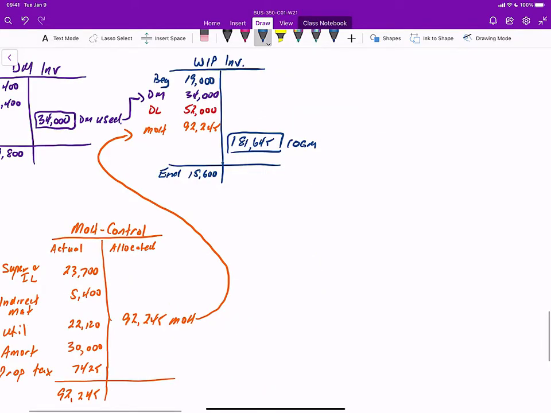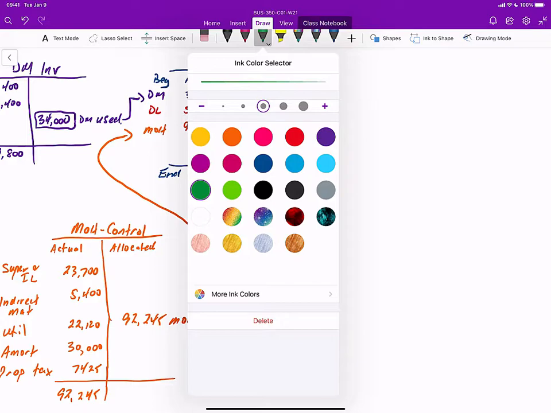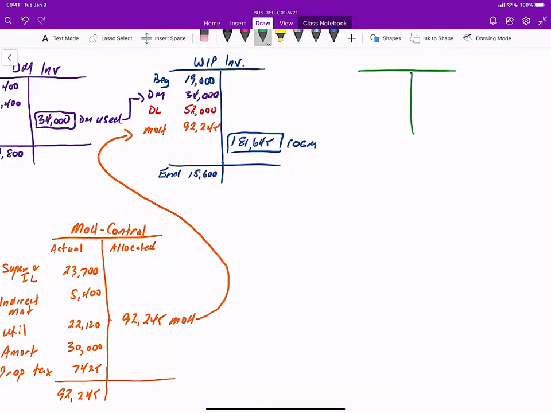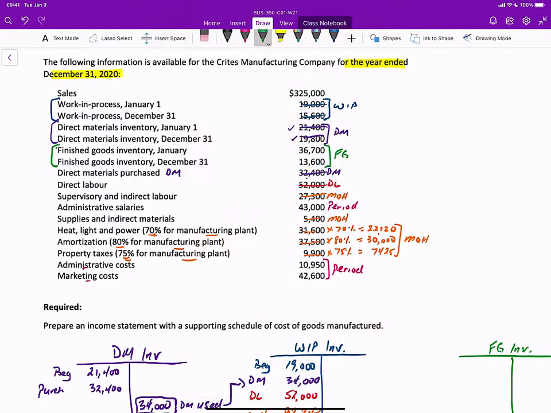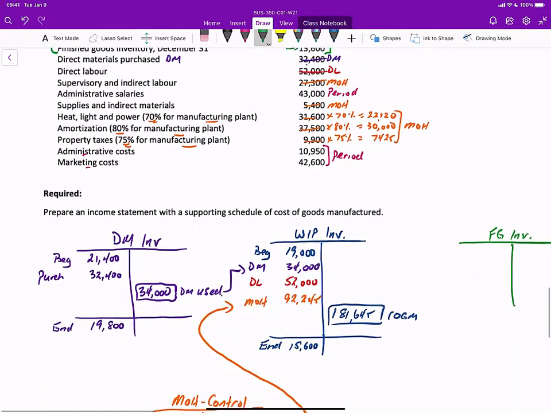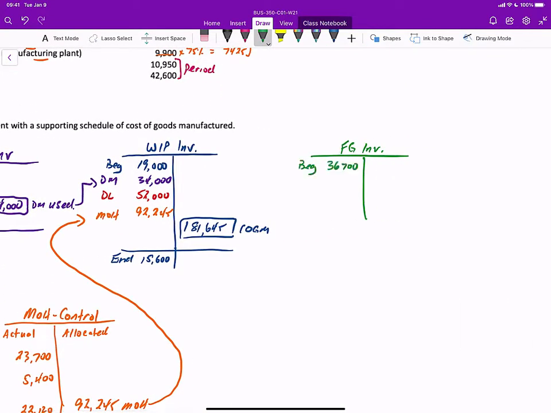And then finally, our last T account, which we'll do in green, is the finished goods inventory. And if we look at our data again, all I have left for my inventories are these two finished goods items. So 36,700 is the beginning inventory, and then the ending inventory is 13,600.